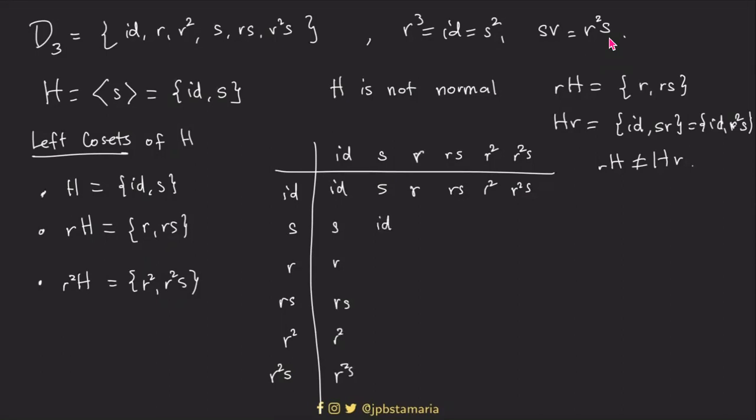S times R is R squared S. S times RS is R squared SS, that's R squared. SRS is R squared SS, and SS will cancel. SR squared is RS. Check. SR squared S is RSS, or R.